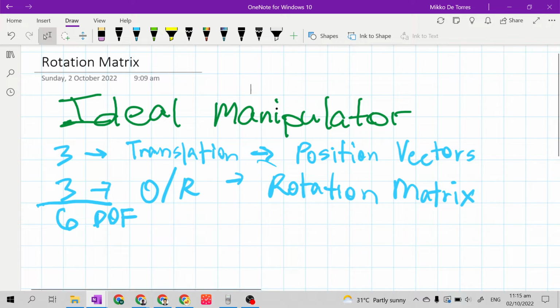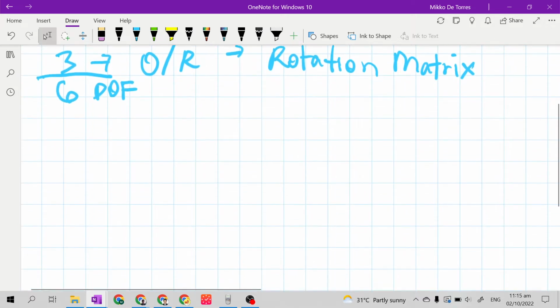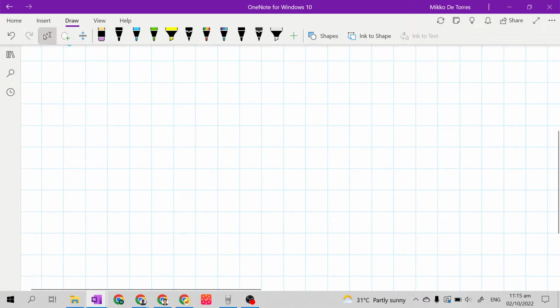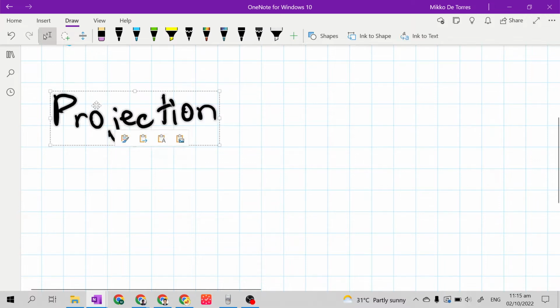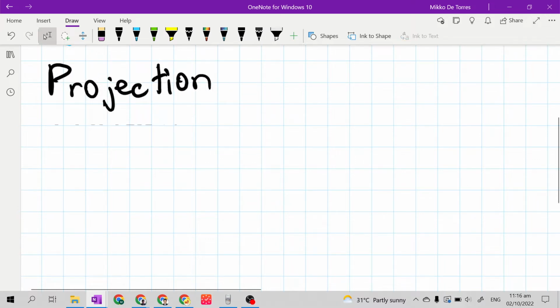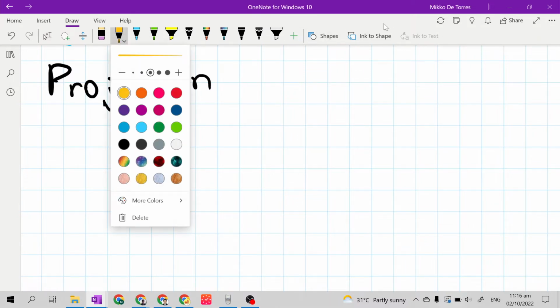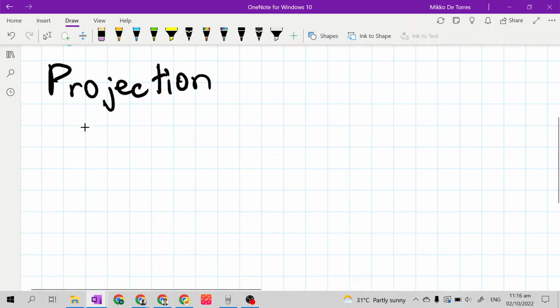Before I teach you the principle and derivation of orientation, I will teach you first the principle of projection. We will use projection to derive the mathematical model of a rotation. First, I will draw a yellow 2D Cartesian coordinate system.